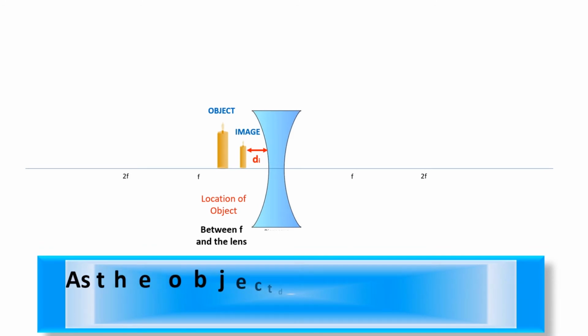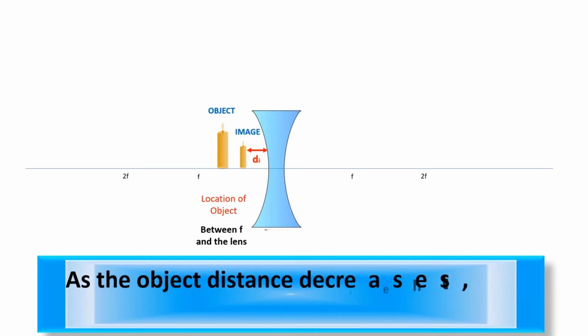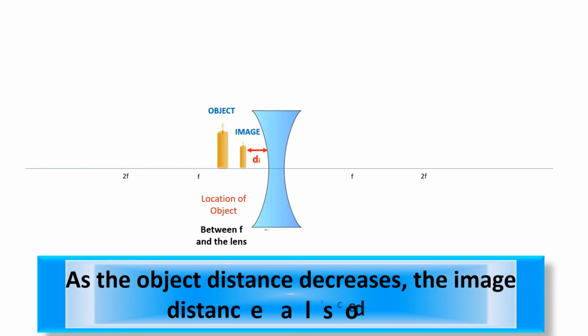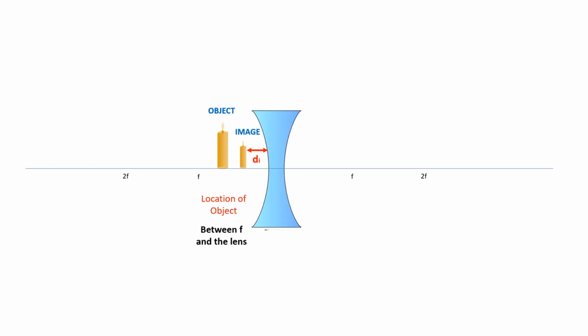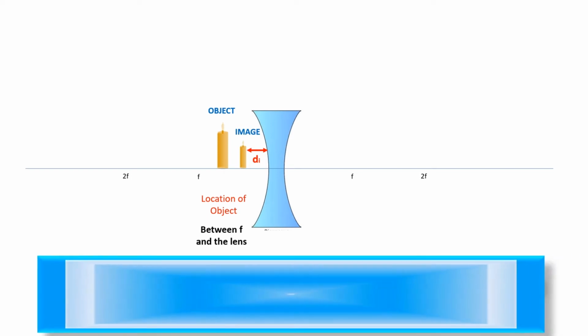That's correct. As the object distance decreases, the image distance also decreases. And what can you say about the location of the image? Yes, the image is always located between the focus and the lens.